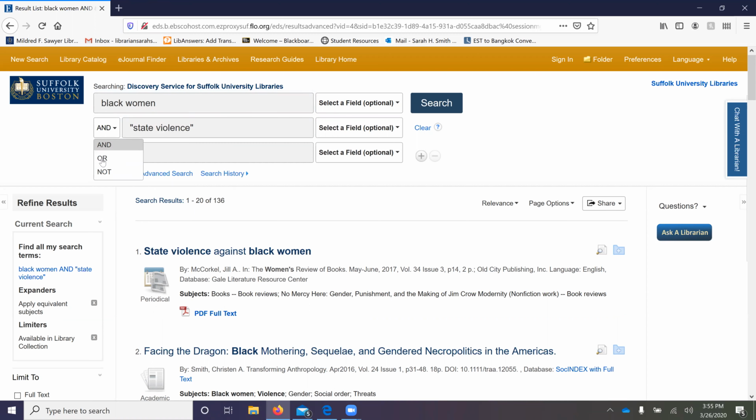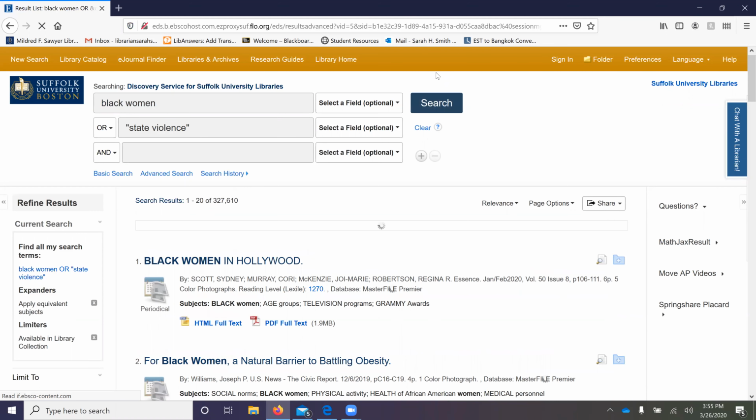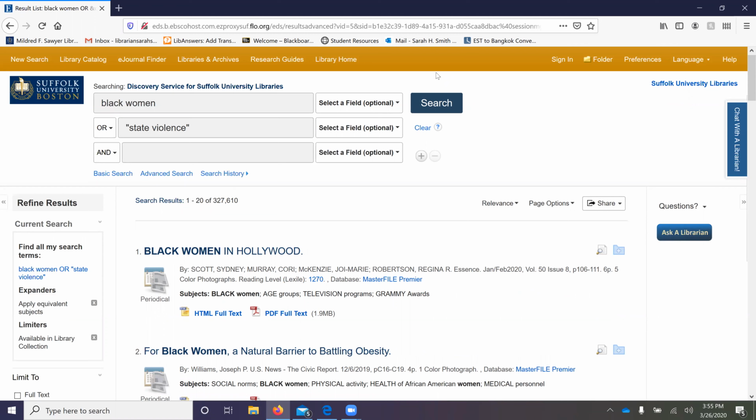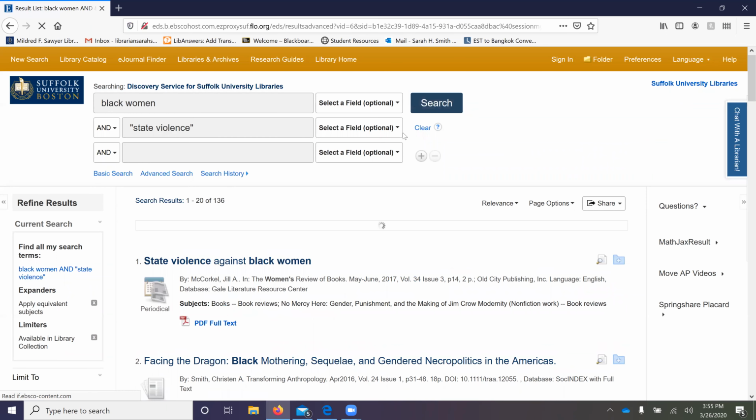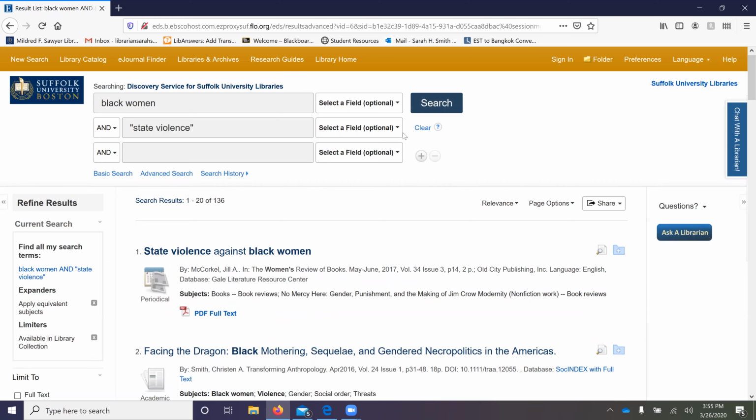If we did the search Black women or state violence, we will get more than 300,000 results. That is because we are getting everything on Black women and everything on state violence, as well as information on both. So we're going to go back. That wouldn't have been a very good search because most of the results wouldn't be relevant to what we are looking for.